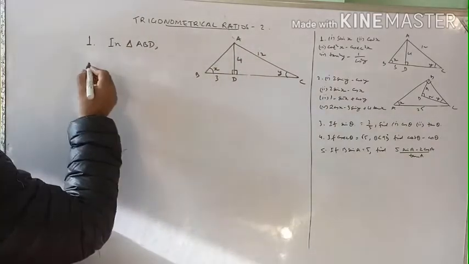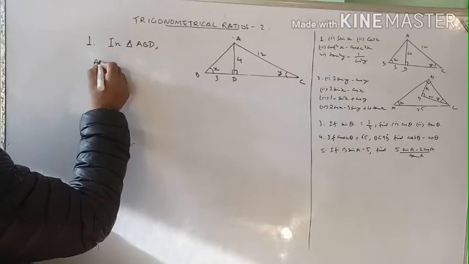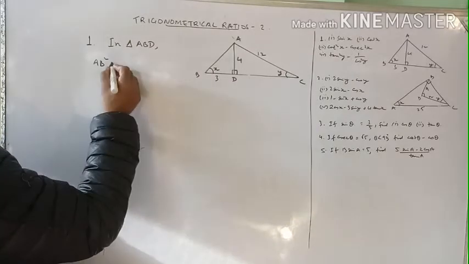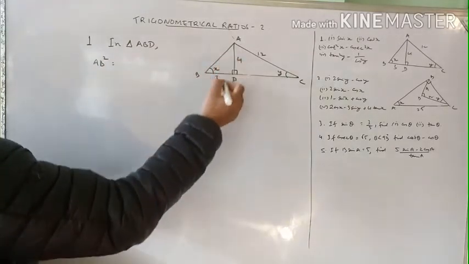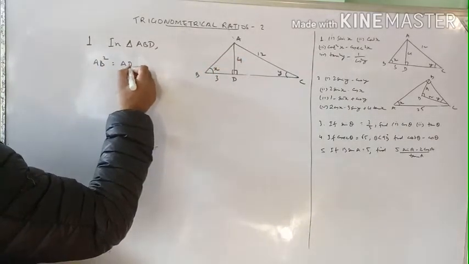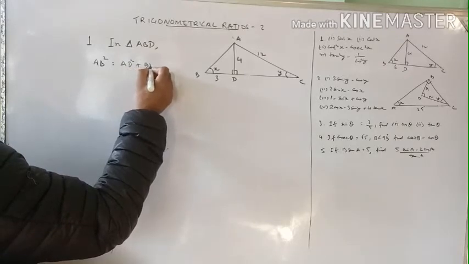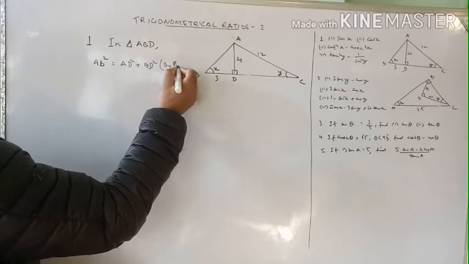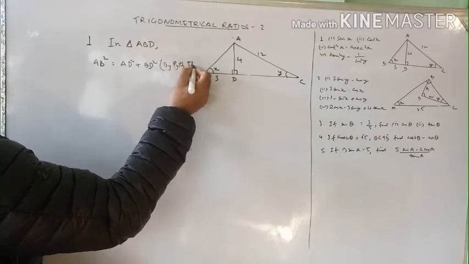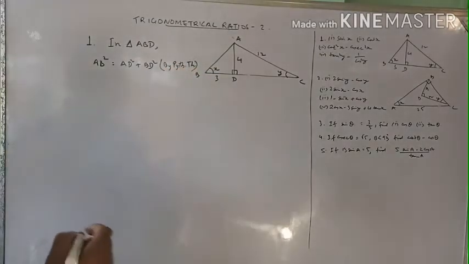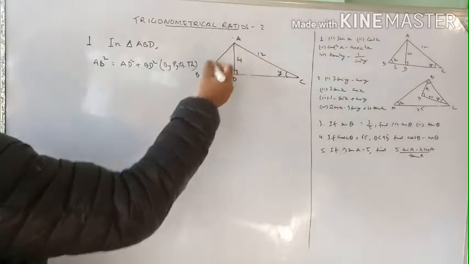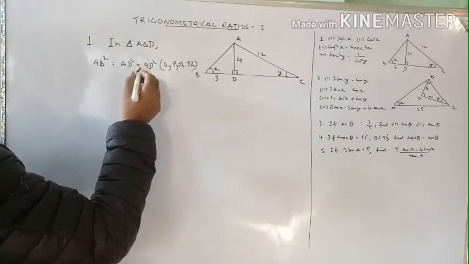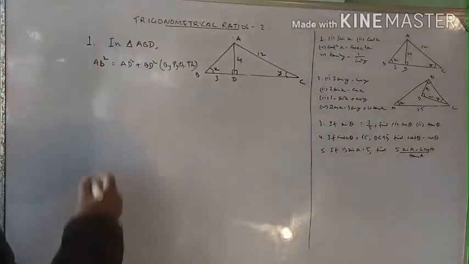So in triangle ABD, according to Pythagoras theorem, longest side squared, AB square equals the sum of the squares of the other two sides, that is AD square plus BD square. When you use Pythagoras theorem, always take the square of the longest side on one side, and the sum of the squares of the other two sides on the other side.